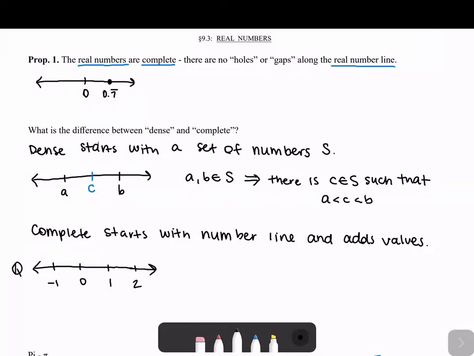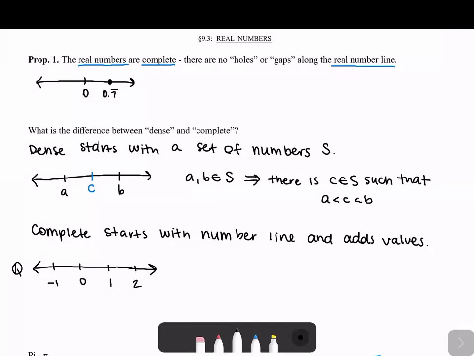However, if you think of the number square root of 2, you should have gone and looked at the proof of why the square root of 2 is irrational. So you should have already done that if you're watching this, and that's important because we're going to use it now.